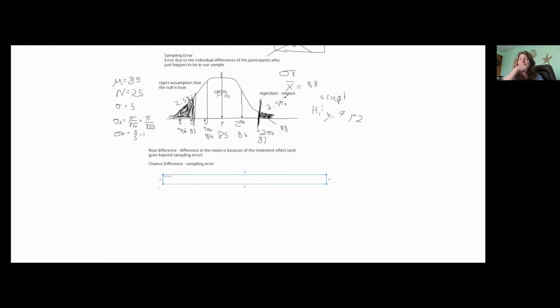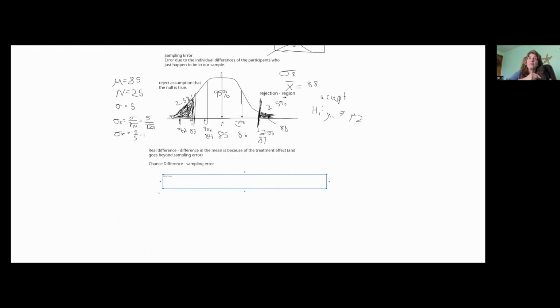And if the z-score falls in the rejection region, we reject the null hypothesis. And if we reject the null hypothesis, we accept the alternative hypothesis.